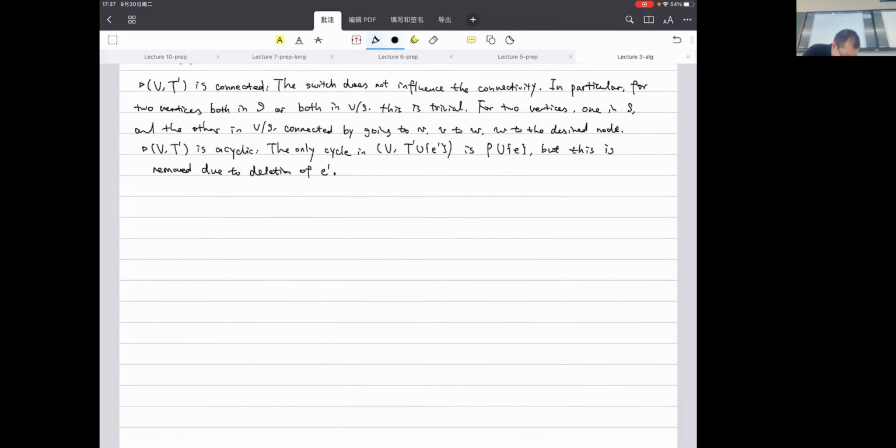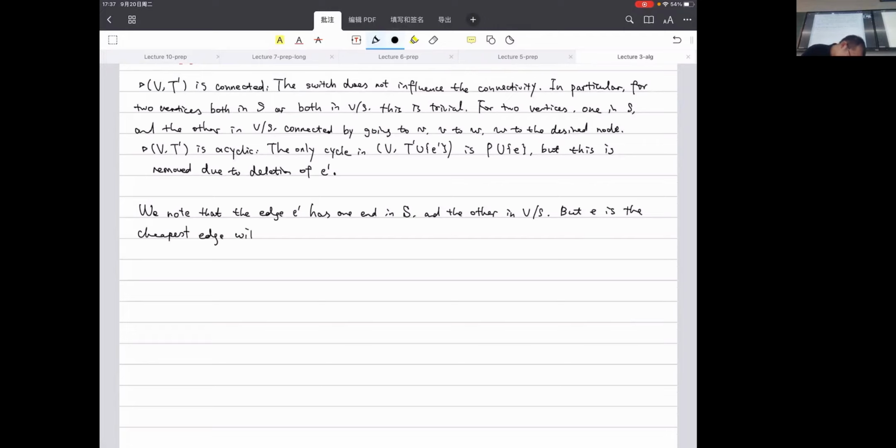Furthermore, this really goes to the greedy part, where we want to use the definition of the edge E here. We note that edge E prime has one end in S and the other in V over S. But due to the greedy choice, E is the cheapest edge with this property.